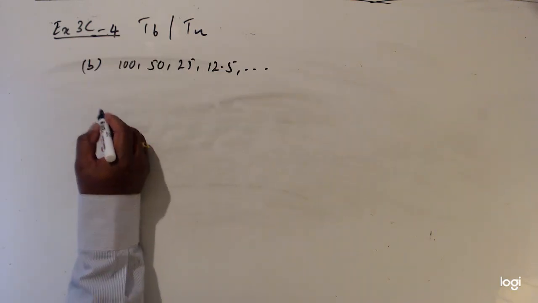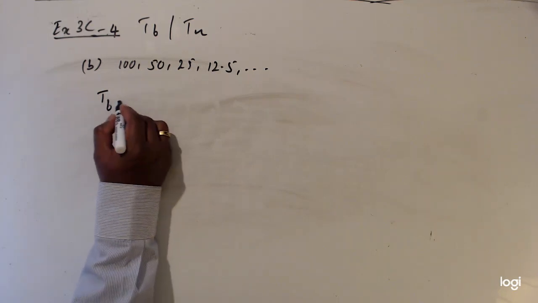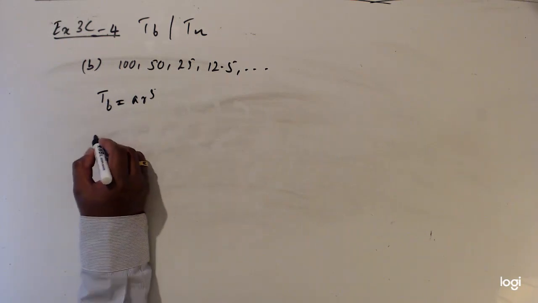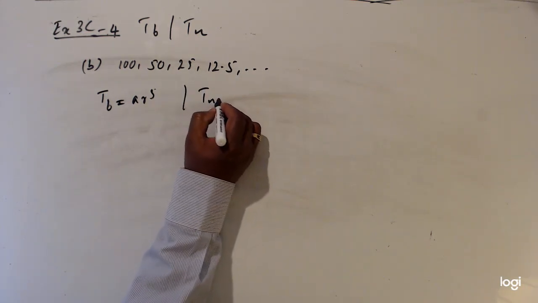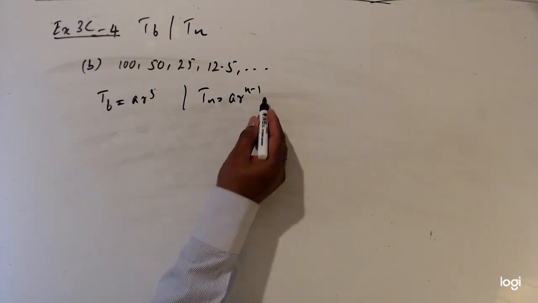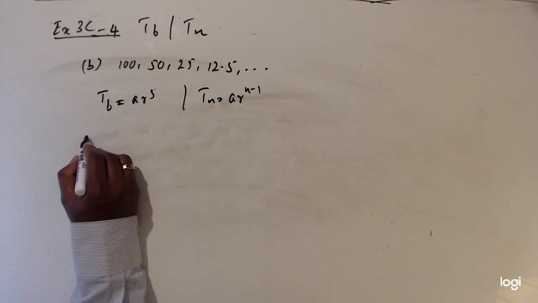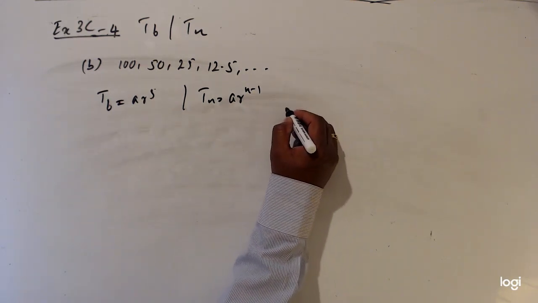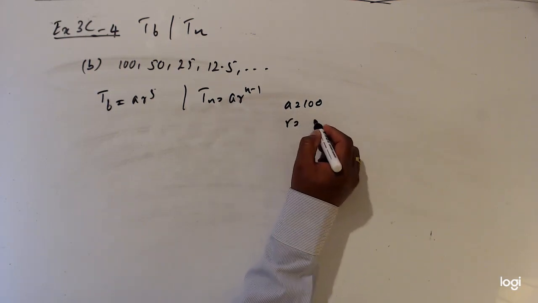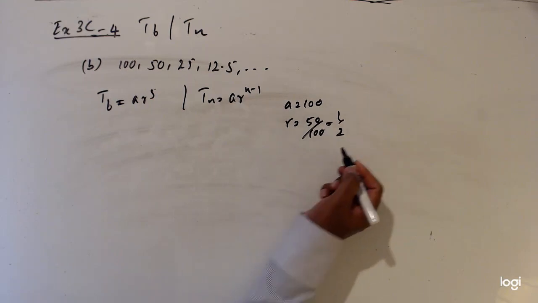Part b. So in here the 6th term is ar to the power 5, and the nth term is ar to the power n minus 1. So a equals 100, and r equals 50 divided by 100, that is half.